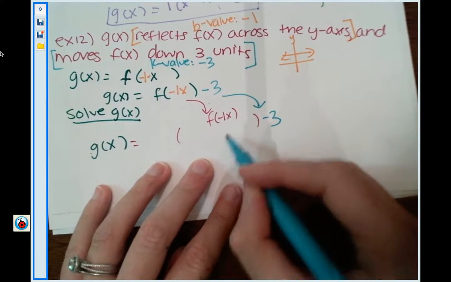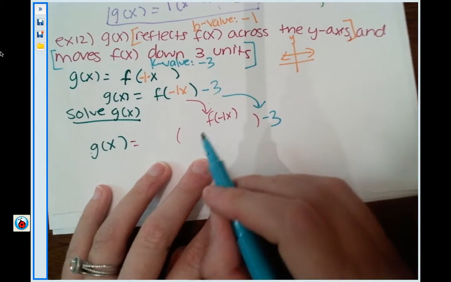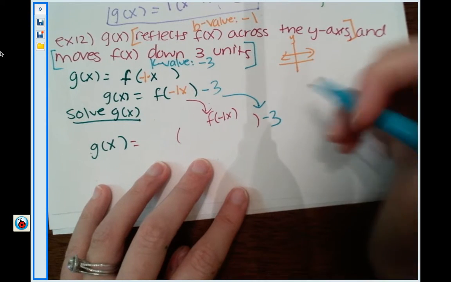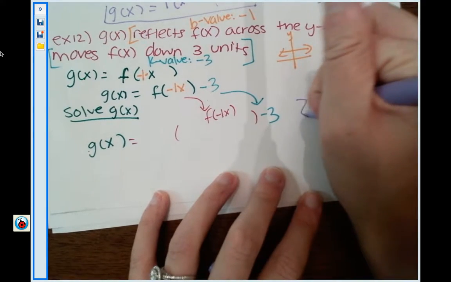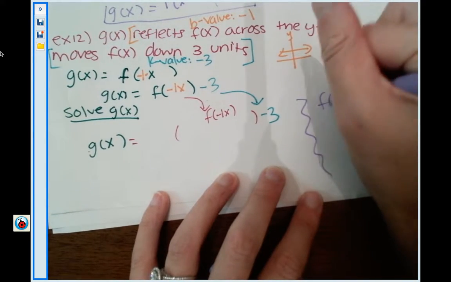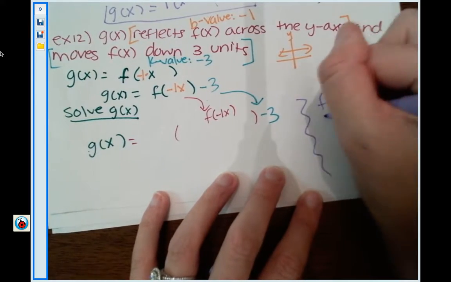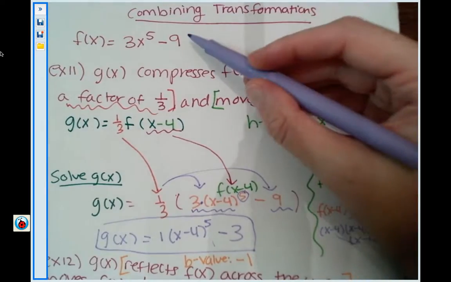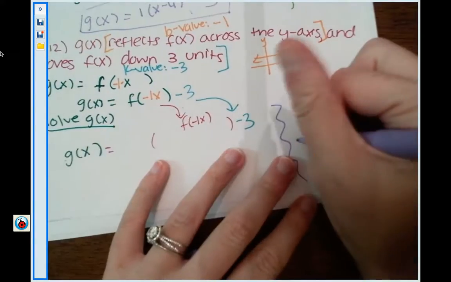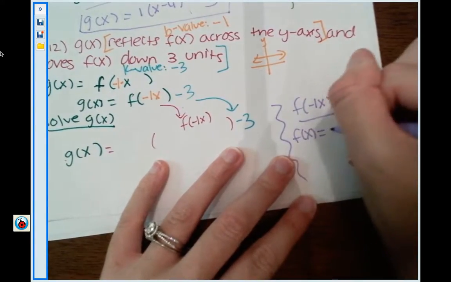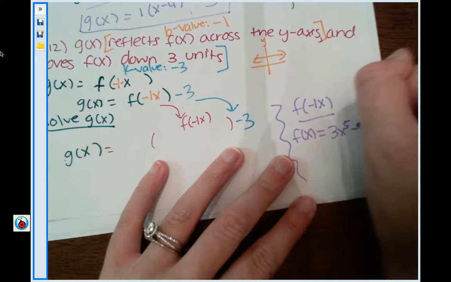Now before we solve, we need to figure out what this f of negative 1x is. Remember, anytime we have something inside the parentheses, we have to do some scratch work. So I'm going to do some scratch work over here for our f of negative 1x. f of x is 3x to the 5th minus 9.